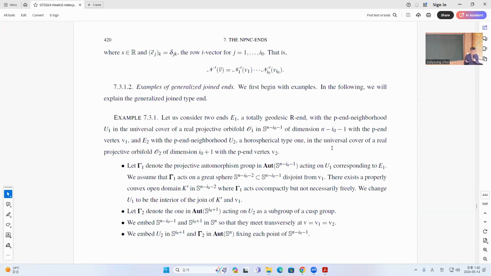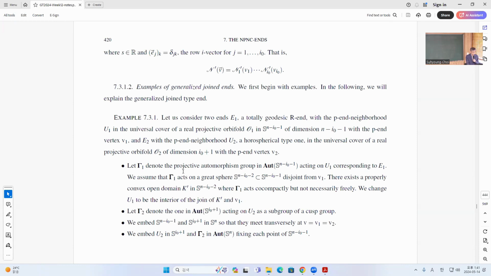So we look at these two things, which are in n minus I0 minus 1 dimensional, and then there's I plus 1 dimensional. So they are not, I mean, they're not disjoint, so they might intersect at B1 equal to B2. So we can just set B1 equal to B2 and then make the intersection.